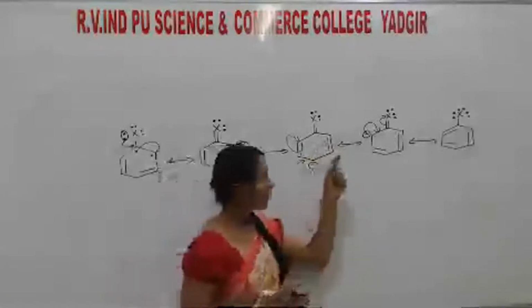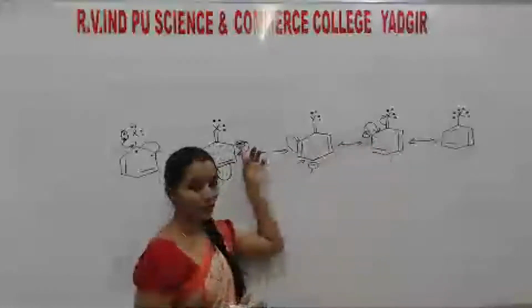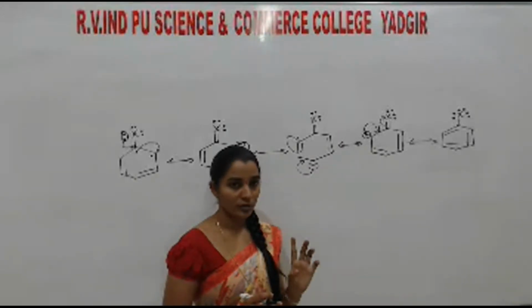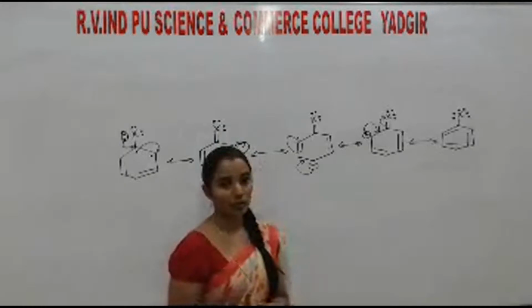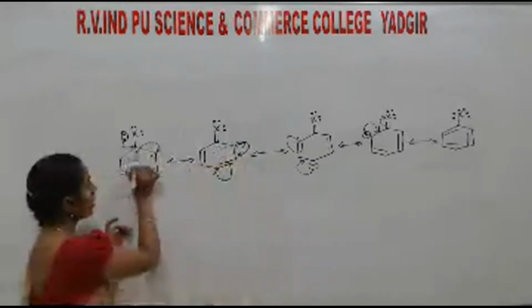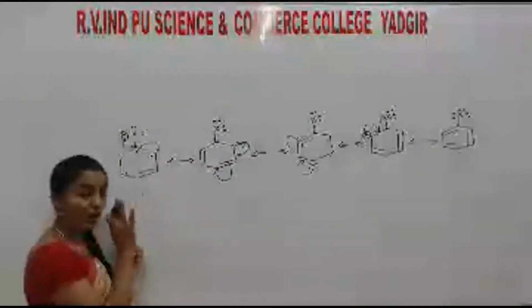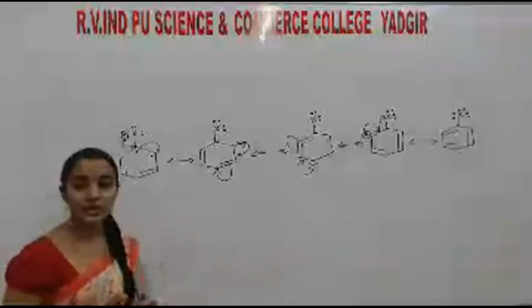And remember, here there are two ortho positions and only one para position. So the major product is always the ortho product.